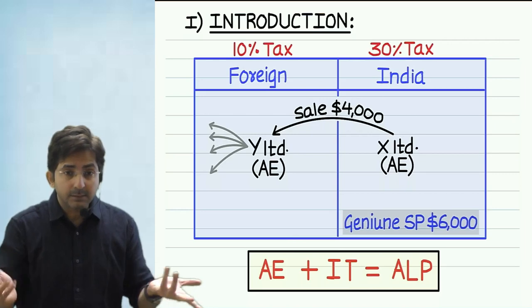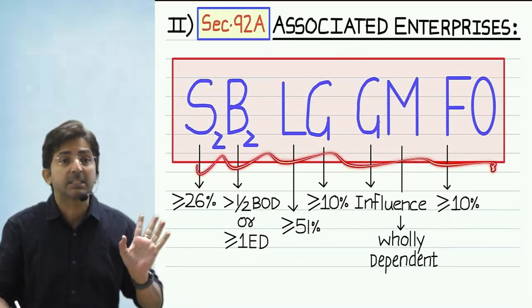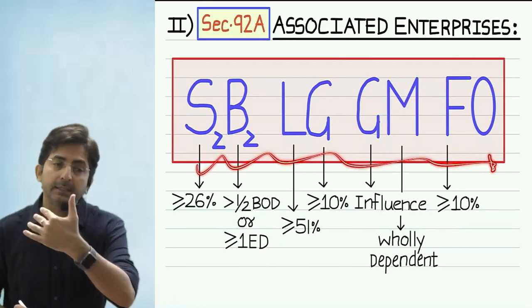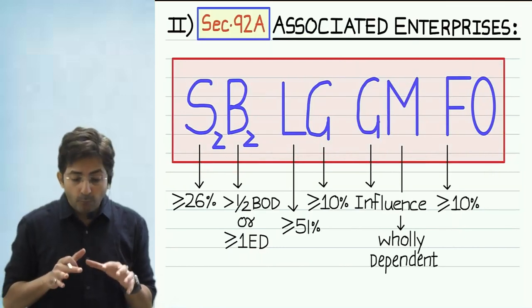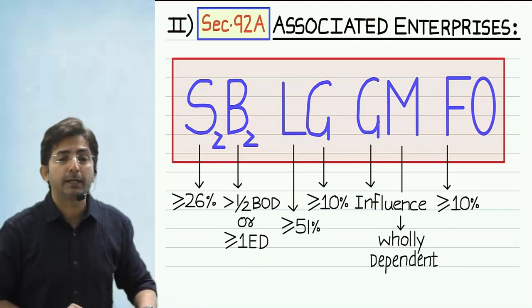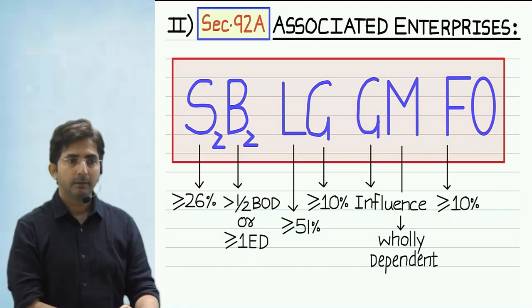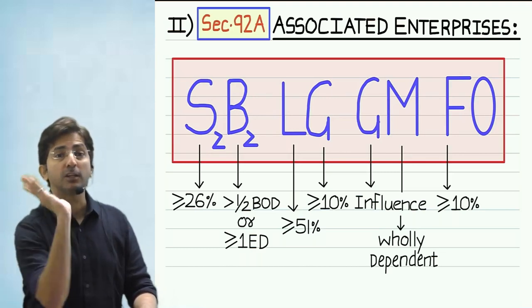there is 26% shareholding, or for that matter any of this thing exists, even for one day, it is an association. See, if law wouldn't have been like this, people would have manipulated. Imagine if law would have said, we will see the status as on 31st March, or we will see the status as on 1st April.